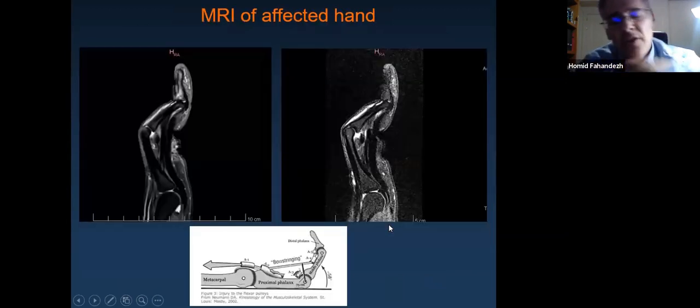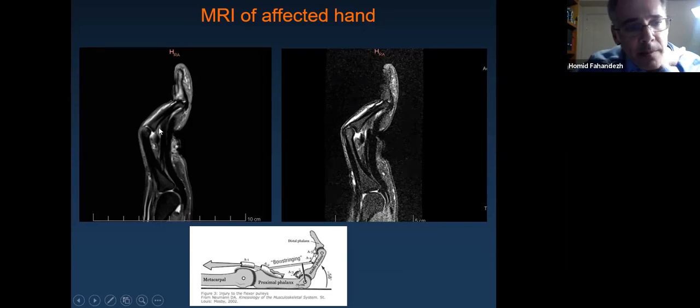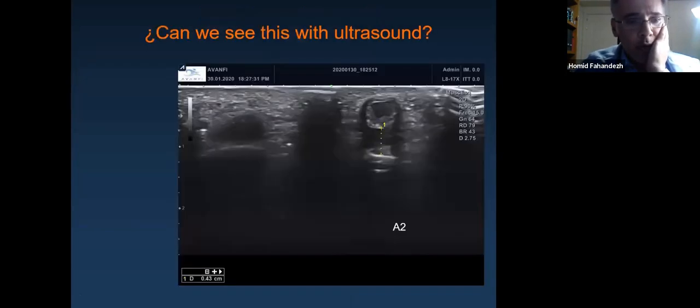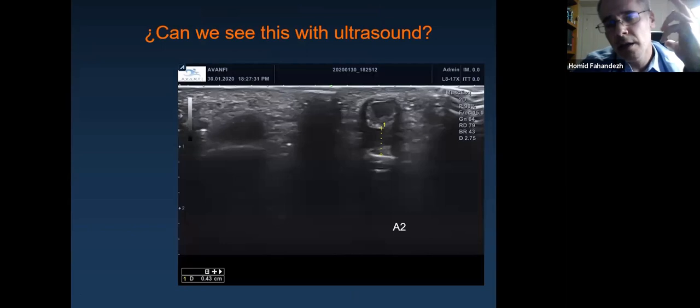But the patient came with an MRI, and this is the result of the MRI, where you can see the FDS and the FDP very separated from the phalanx. And I am suspecting here, as you know, pulley injury. So with ultrasound, can we check this properly?